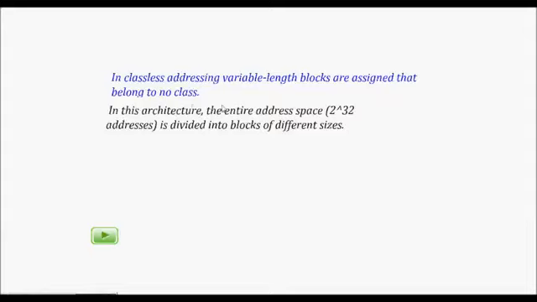In this architecture we have 2 to the power of 32 addresses, divided into blocks of different sizes. You don't have a fixed size where 2 to the power of 24, 2 to the power of 16 or 2 to the power of 8 hosts can only be there in a network. You can now have 2 to the power of 20 hosts if you want, by having just 12 bits for your network and 20 bits for your host ID.